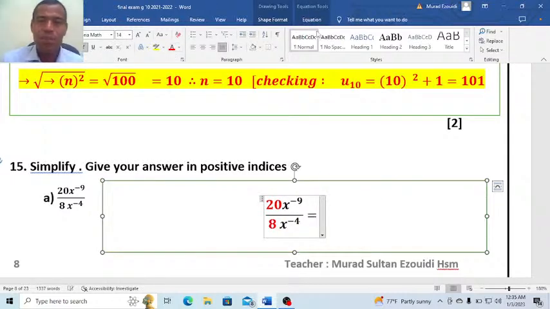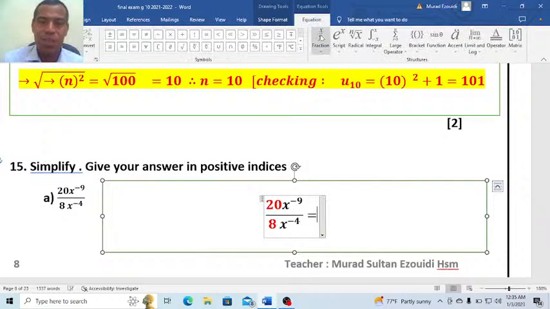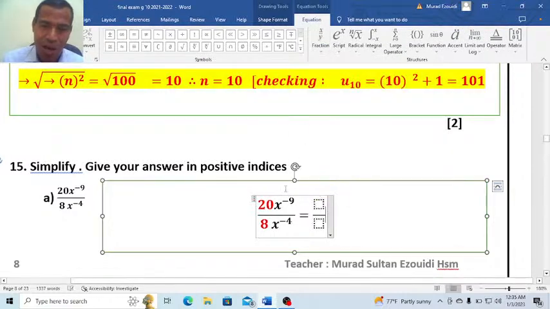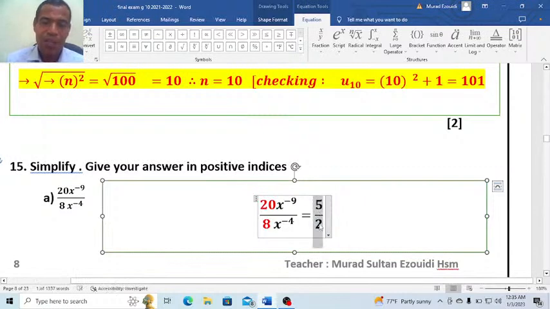The highest common factor between 20 and 8 is 4. How many 4s in 20? You can write 5. How many groups of 4 in 8? It will be 2. So 5 over 2, or 2.5, whichever you prefer.